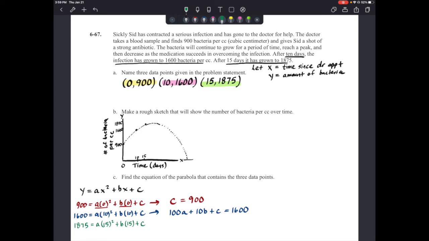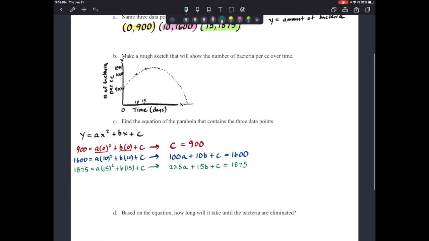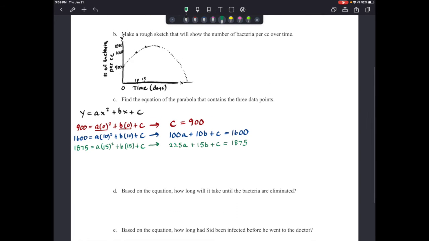And we'll do our third equation here. 15 squared, we know is 225. And then we have plus 15b plus c is going to equal 1875.